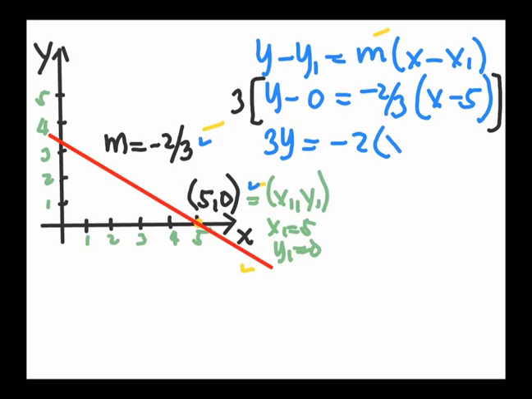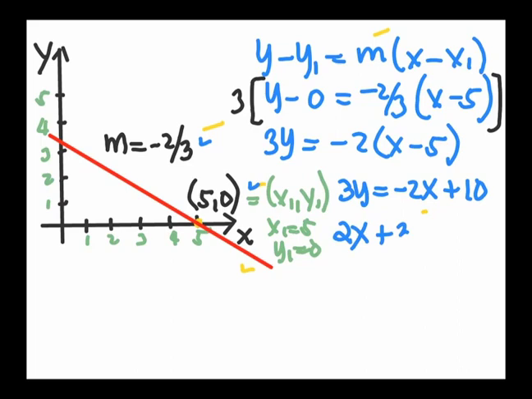Which is, of course, 3y is equal to negative 2x plus 10. Transposing this negative 2x to the left side, we'll now have 2x plus 3y is equal to 10. There you go. This is now the equation of the line in standard form.